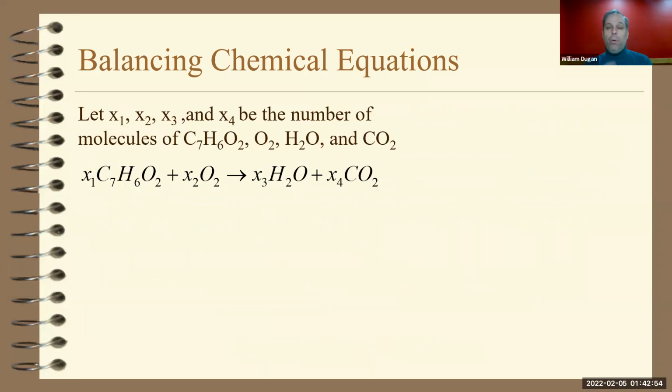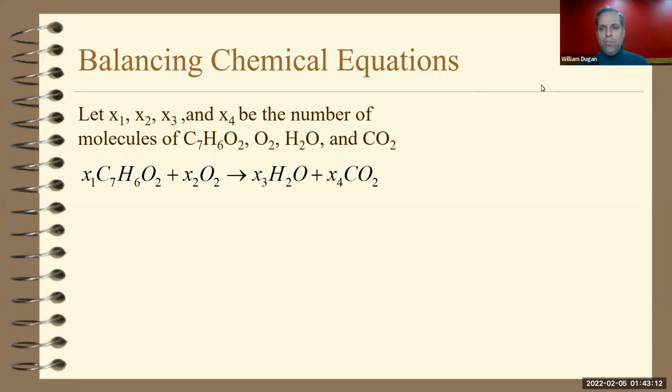So let's suppose that x1, x2, x3, and x4 are just the number of molecules present in the chemical equation. I'll write it so that the chemical equation should be balanced once I assign, in this case, integers to these different values.